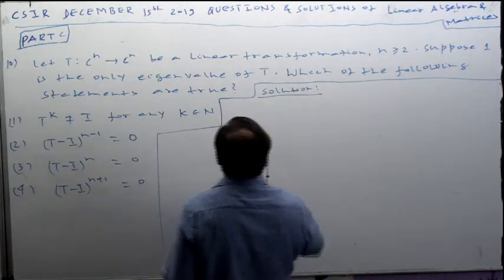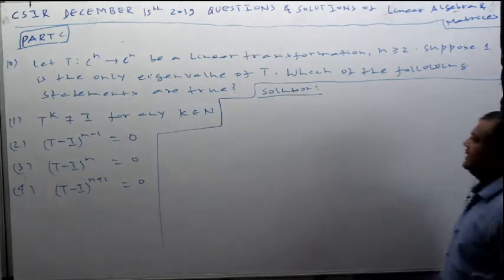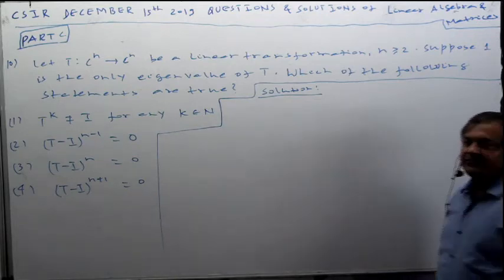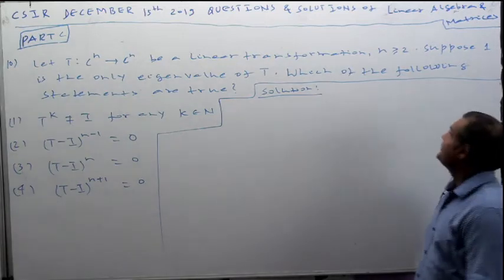Read your statement carefully. T is a linear transformation from Cn to Cn. Find, the dimension of your vector space over which the operator has been taken is n.